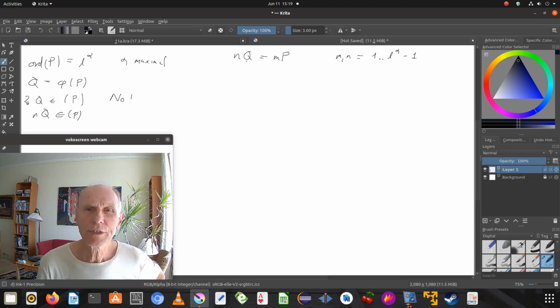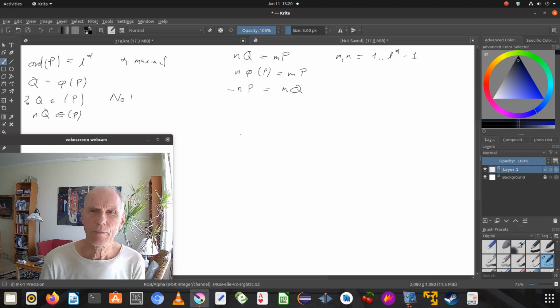So let's assume this is the case for two numbers. Operating with phi on this equation results in minus nP equals mQ. And then we can multiply, I don't think it matters which we do.